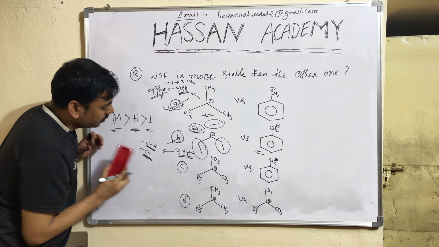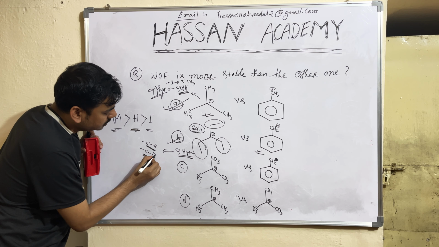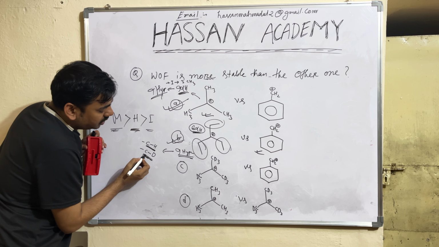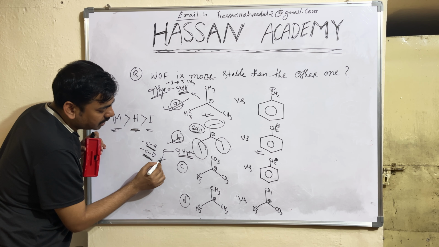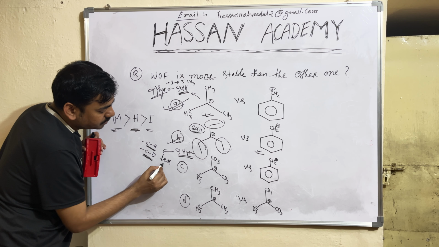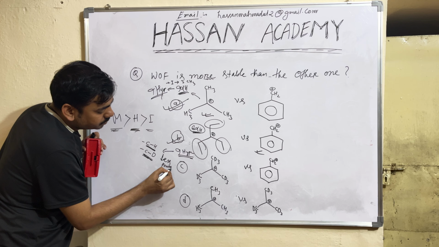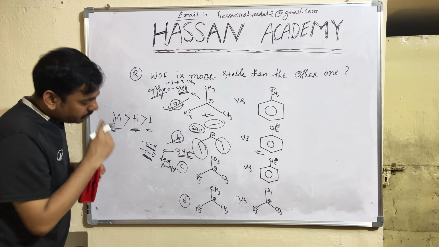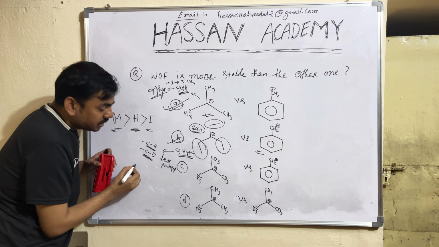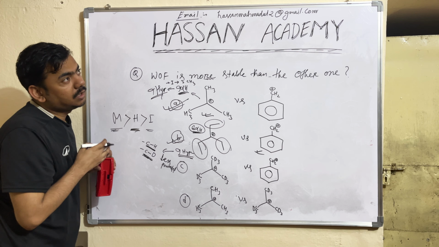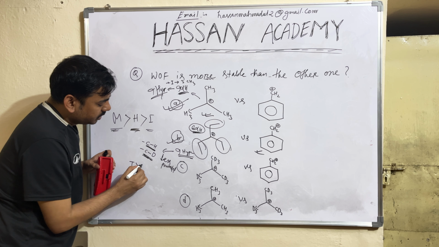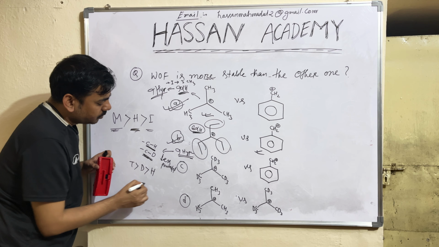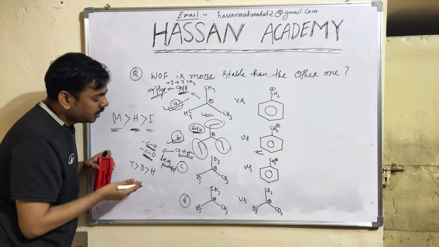This is D. Don't consider O or anything. The C-D bond is more difficult to break compared to the C-H bond. So even though 9 hyperconjugations are there, that hyperconjugation is a little bit less powerful compared to C-H. But if you go for the plus I effect, T is more than D, and D is more than H. These are isotopes of hydrogen.